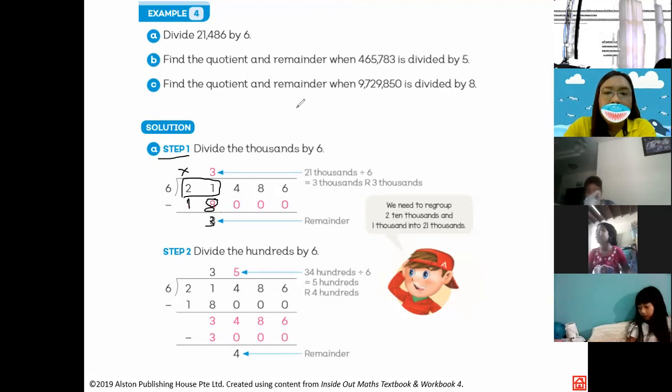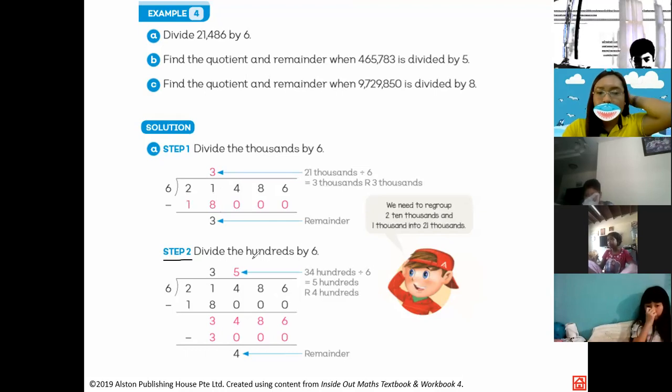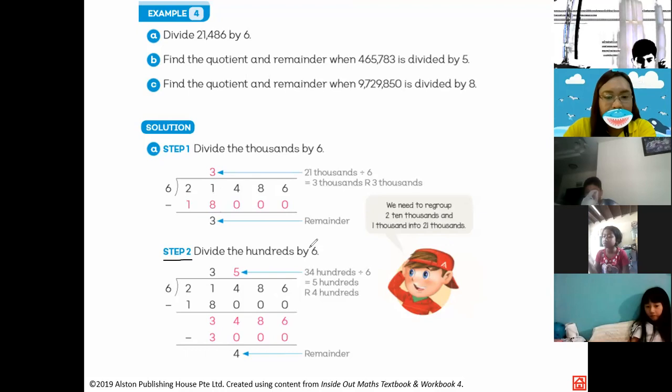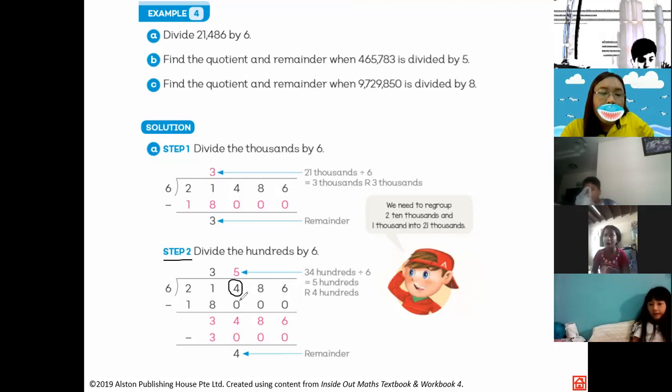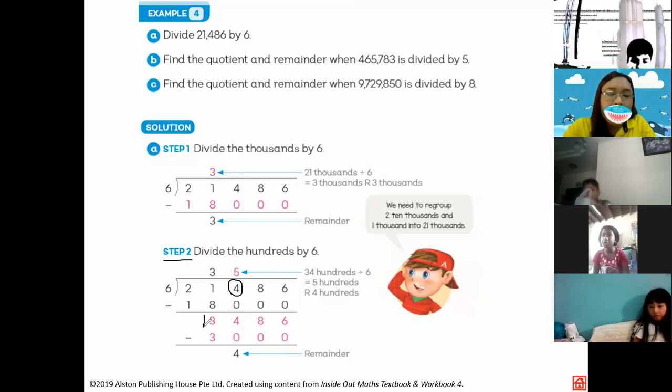Now let's proceed to step number 2. Divide the hundreds by 6. The hundreds place is this number 4. Since we have the 3 as the remainder earlier, we bring down 4, so we have 34.